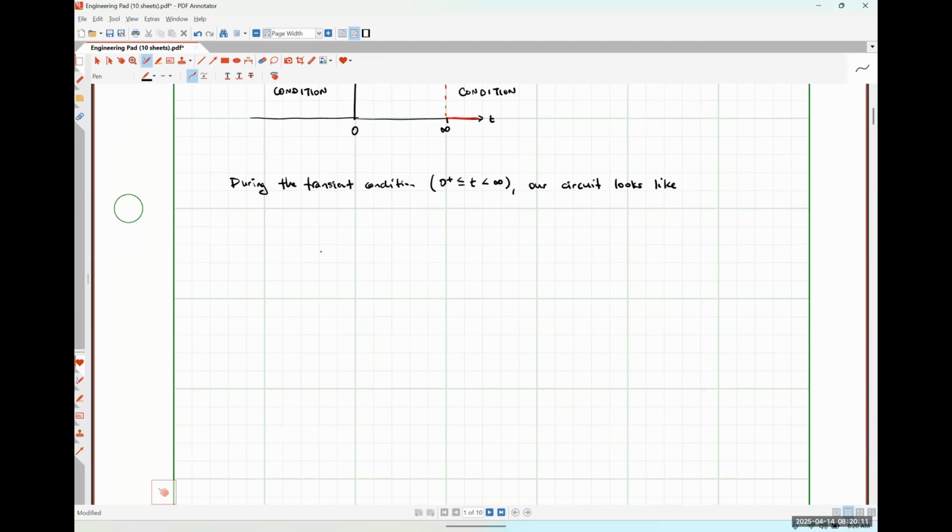So I've got my current source here. So during the transient, my switch is closed at position B.